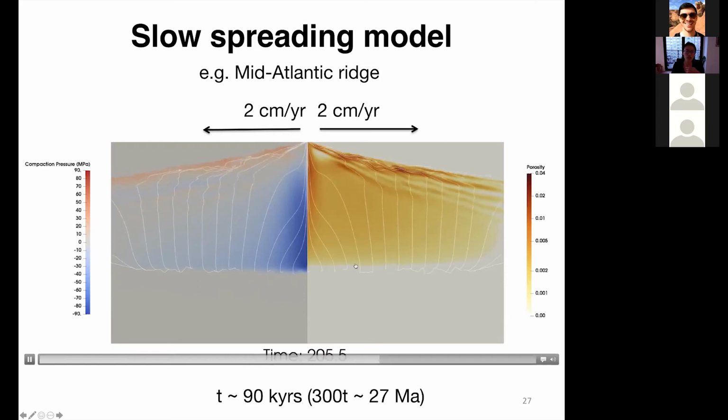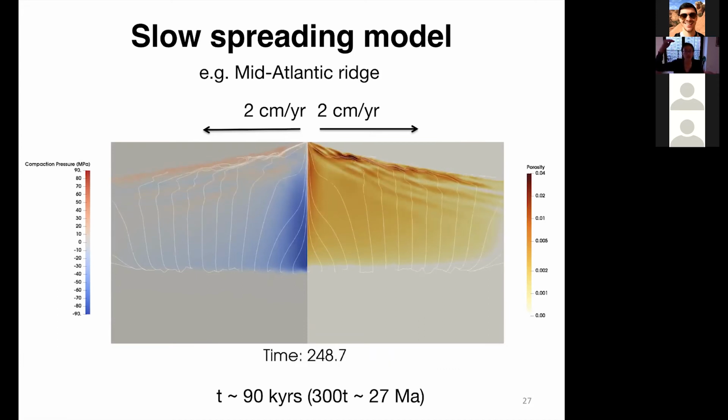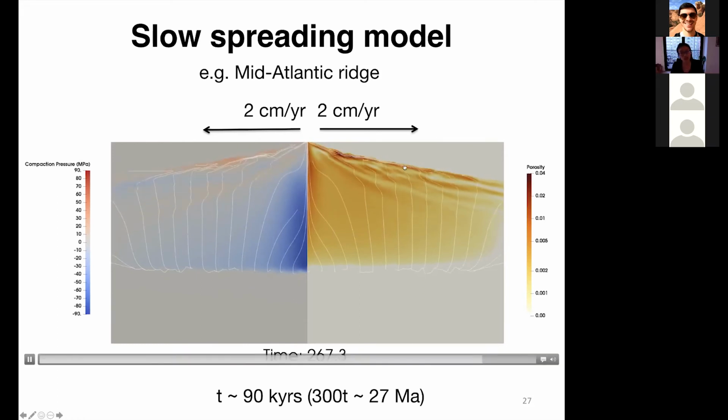And away from this center region, melt is generated and then buoyantly rising, and then it forms these porosity waves and moves along in those wave packets towards the lithosphere, where it piles up into the decompaction layers and then moves towards the ridge axis.